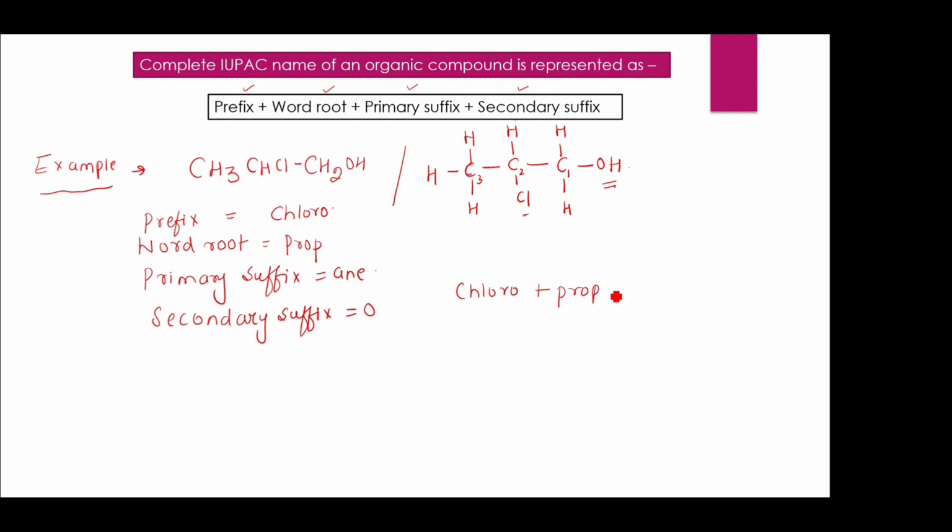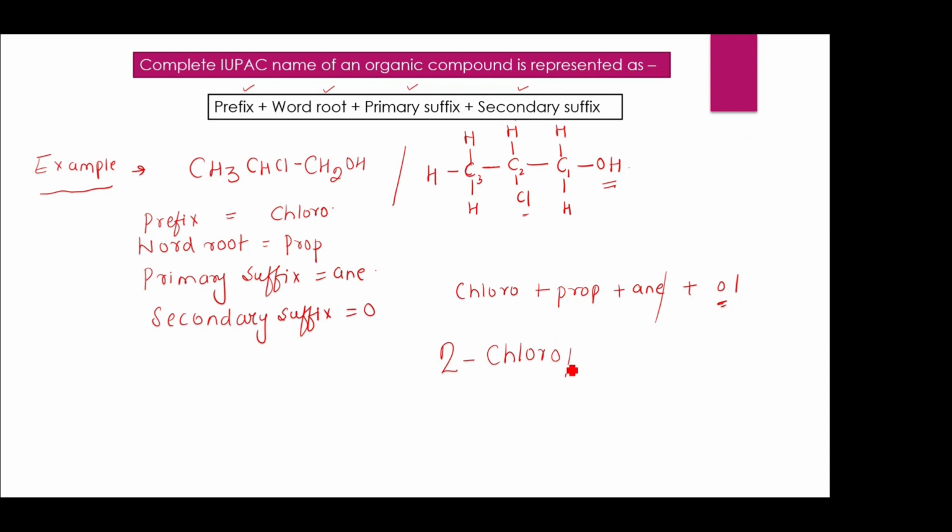Then we have prop plus an plus ol. Again, the secondary suffix starts with a vowel, so the e is dropped from the ane. So the final name of this compound is 2-chloro, because in the second position chlorine is present.